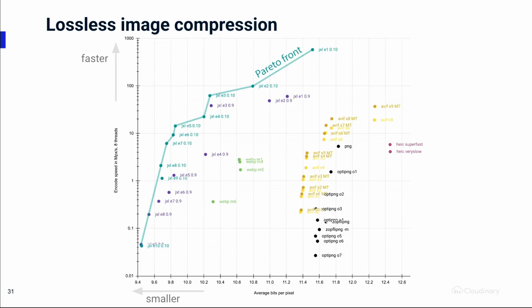You can do it very quickly, but not compress that well, or very slowly and compress better. But the entire Pareto front of optimal points in terms of the trade-off between encode speed and compression density is occupied with JPEG XL. So we do have a lot of encoder settings that go from extremely fast, like 1 gigapixel per second, to extremely slow, like 10 seconds per megapixel.